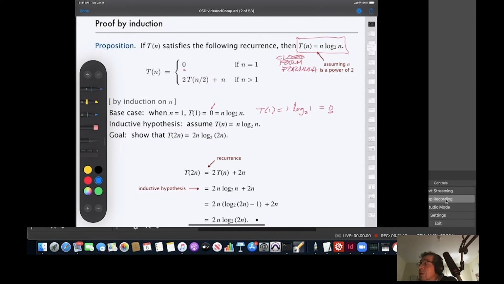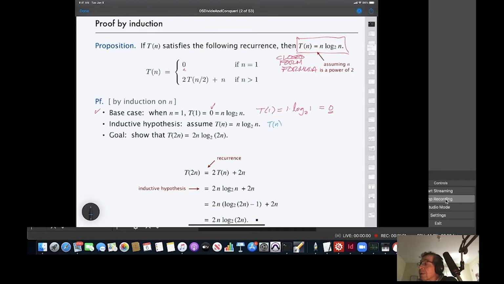Let's say we want to show that if T of n, the recurrence, is equal to the closed formula for n, then they would be equal, then T of 2n would be equal to what the closed formula says for an argument of 2n. And as you can see, this is the inductive hypothesis.